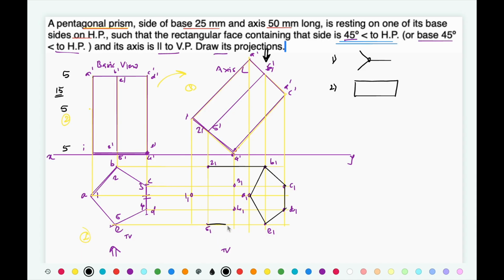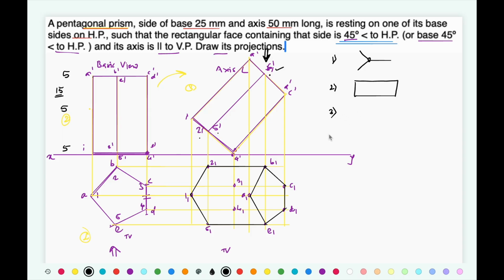Similarly, 5E is also another edge of the solid. You can refer to this view that you have drawn. E is connected to 5, 2 is connected to B. Similarly, 4 is connected to D, C is connected to 3. So those two are the outermost lines. Similarly, this 1 2 and 1 5 are the other two outermost lines. So the outermost lines we have drawn with continuous thick lines.